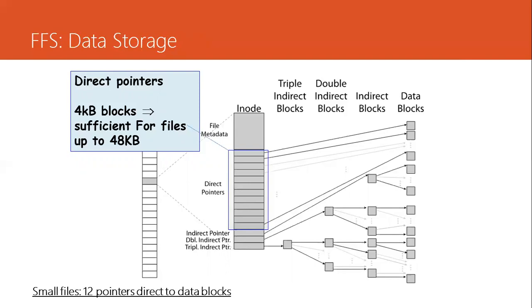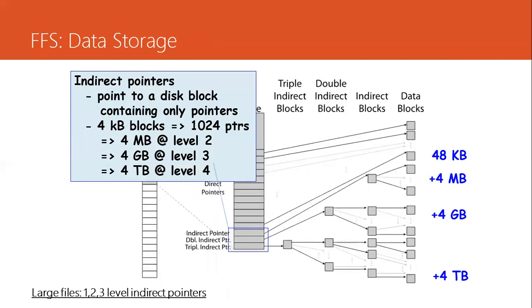Then to address large files, we have up to 3 levels of indirect pointers, called indirect blocks. The singly indirect level represents up to 4 megabytes of file size, the doubly indirect level addresses up to 4 gigabytes, and triply indirect pointers can represent up to 4 TB.